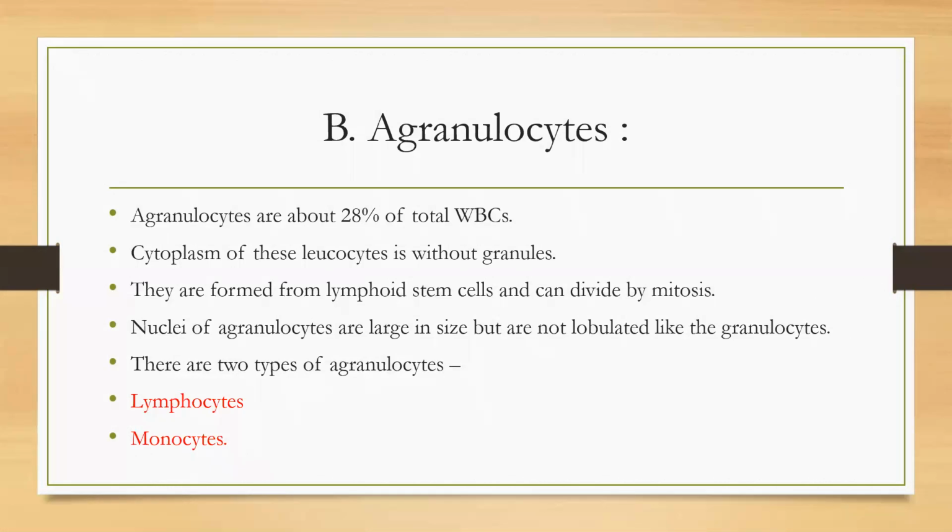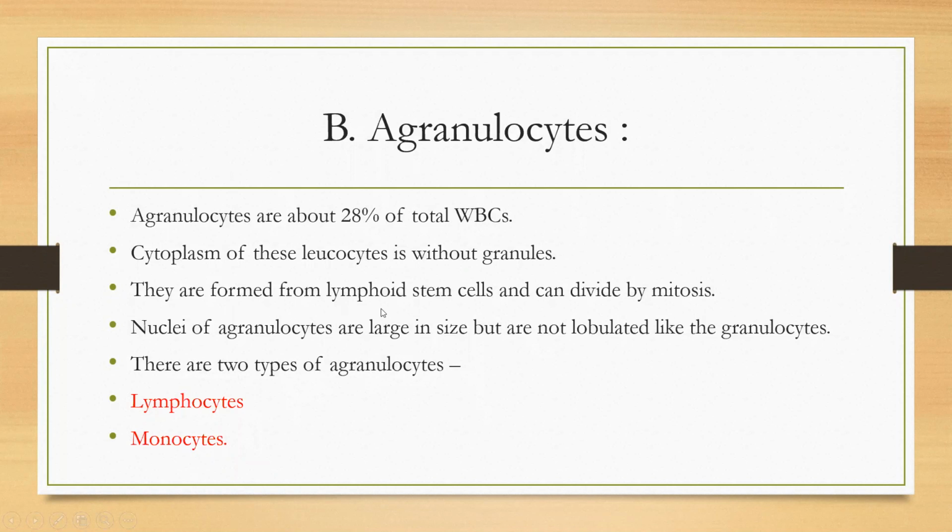The next type of WBCs is agranulocytes. Agranulocytes are 28% of WBCs. The cytoplasm of these leukocytes is without granules. In granulocytes, granules were present in the cytoplasm; in agranulocytes, the cytoplasm is without granules, and such WBCs are called agranulocytes.